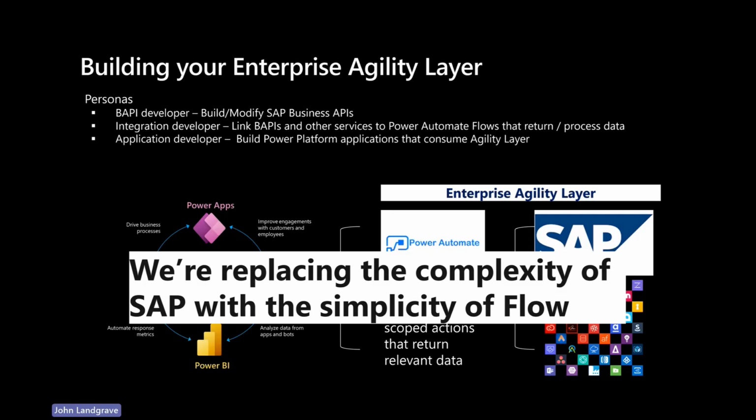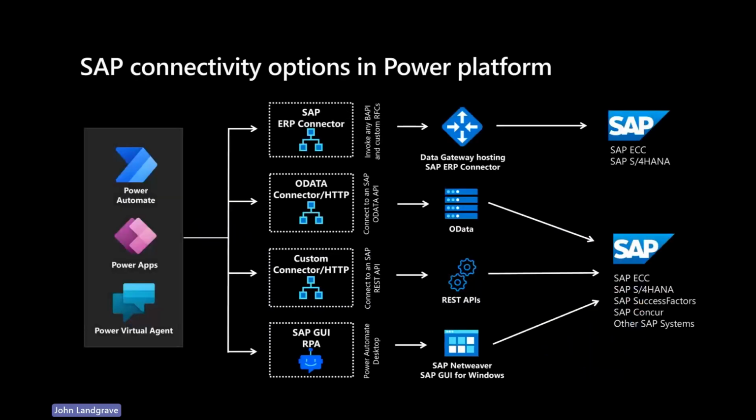So once you understand what it looks like, who the players are, and what the goal is, it's important to point out what the capabilities and limitations are of this connector, and to contrast that with the complete realm of capability that is available from the Power Platform. This connector, represented by that top box, or this set of connectors, is very specifically designed to make direct API or RFC calls.